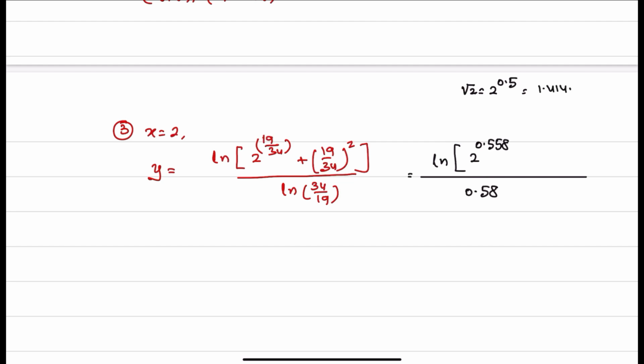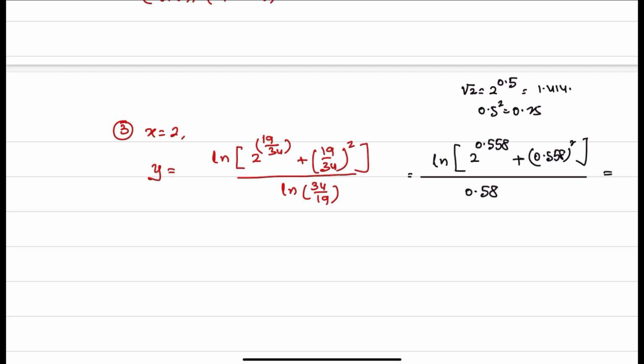Little bit higher than that, because it is 0.558. We can take it as 1.49 plus 19 by 34 is 0.558 square. What is 0.5 square? It is equal to 0.25. 0.558 square you can easily calculate because it's a daily regular calculation.